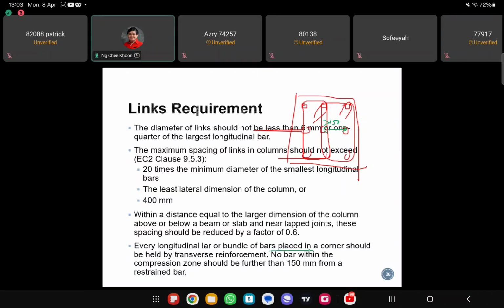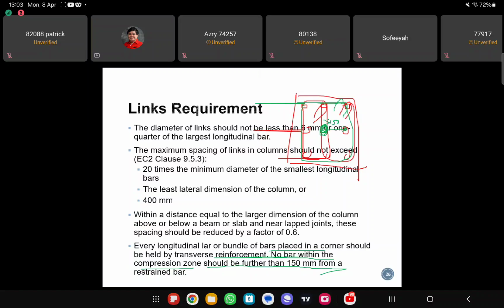So this is what it means by this statement here: no bar within the compression zone should be further than 150 mm from a restraint bar. So in this case, we restrain all the bars, because if you provide a link like this, then this bar becomes unrestrained.